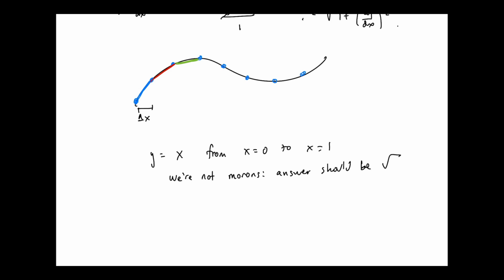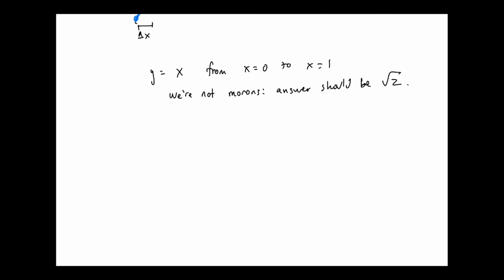Let's do y equals x from x equals 0 to x equals 1. We're not idiots, so the answer should be the square root of 2 by Pythagoras' theorem, right? Well, let's set up the integral and make sure that's what we get.